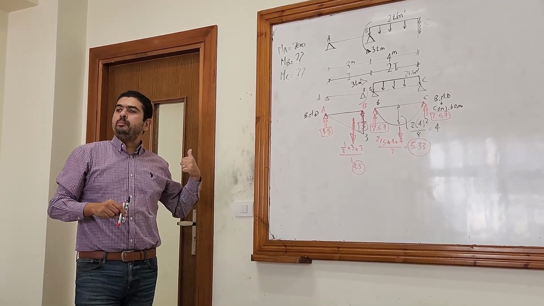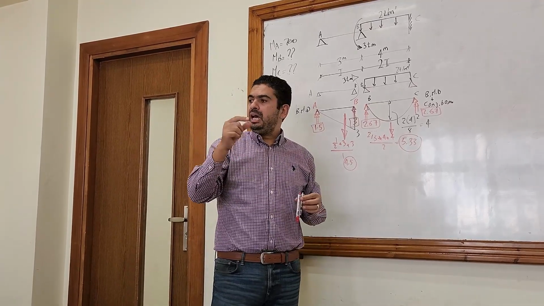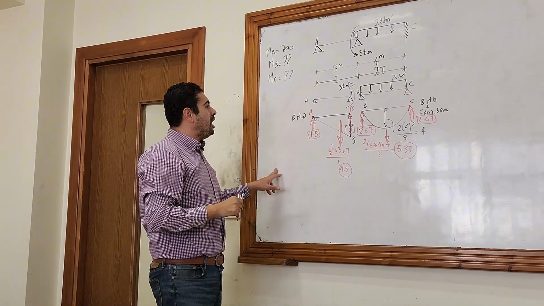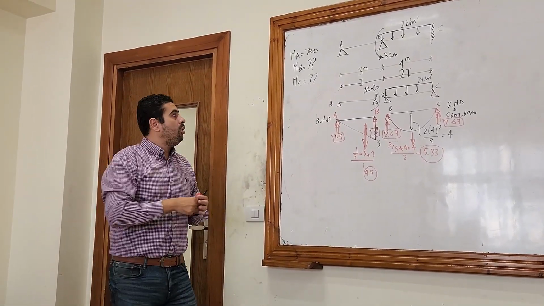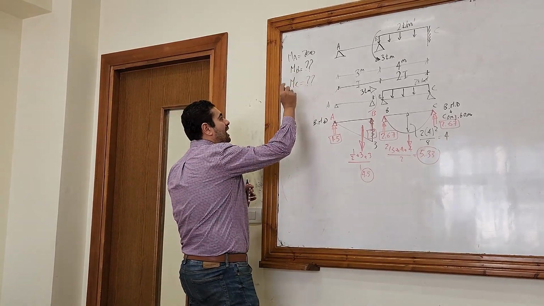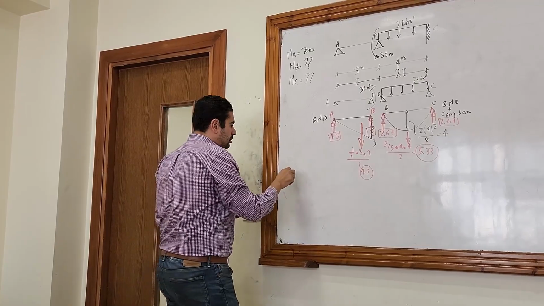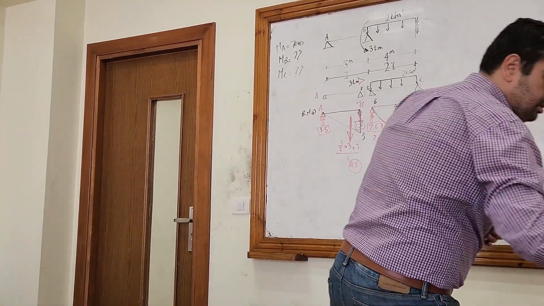So in the last 2 examples, we applied three-moment equation only once at the unknown moment of the support. Here I will apply the three-moment equation twice, once at B and once more at C. So let's start with B.